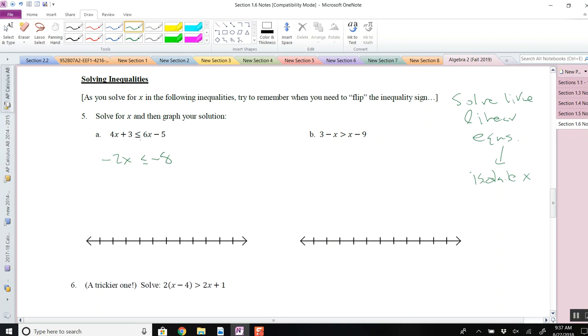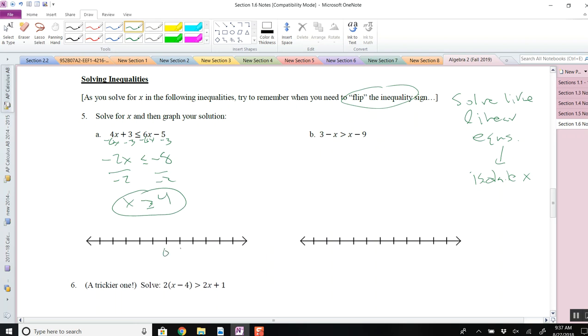Remember, I'm going to subtract 6x and then subtract 3, kind of move things around. Then you're going to divide by -2. Remember the hint here. You got to flip the inequality. I'm going to explain why we flipped in a little bit. And it's actually going to be a question in the Google form, so pay attention. We do get x is greater than or equal to 4.